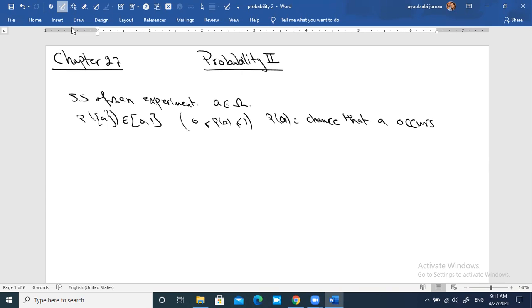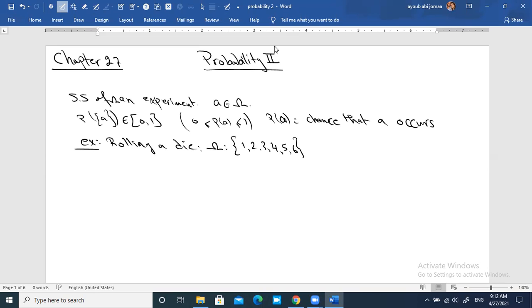The probability of an event, or of an outcome, represents the chance that this outcome will occur. For example, in rolling a die, the sample space is the set of numbers 1, 2, 3, 4, 5, 6.